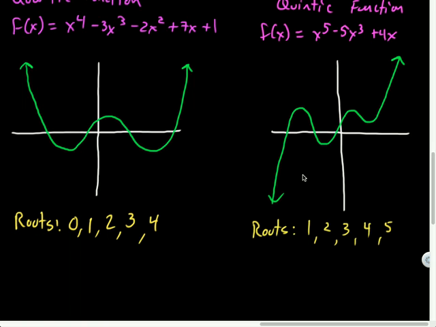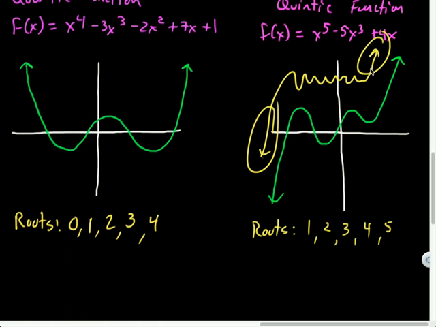No. Why can't the odd degrees have 0? Because they go in different directions. It has to do with the different directions, right? Like if I said I have some crazy odd degree function, and let's say it's got like a 37th power. You would tell me I know it has at least one x-intercept no matter what, and it has to do with the fact that the arrows are pointing in opposite directions.